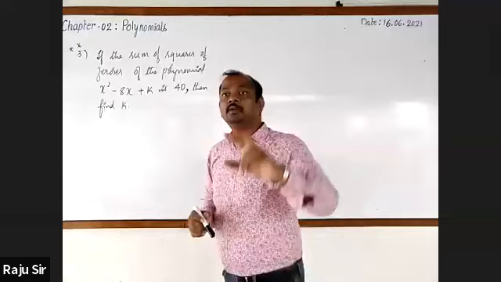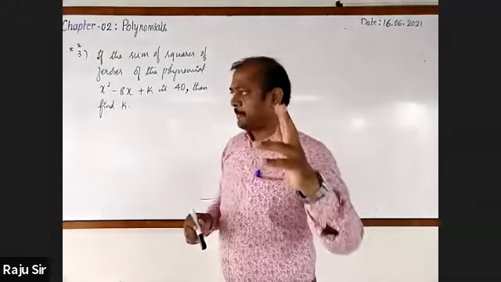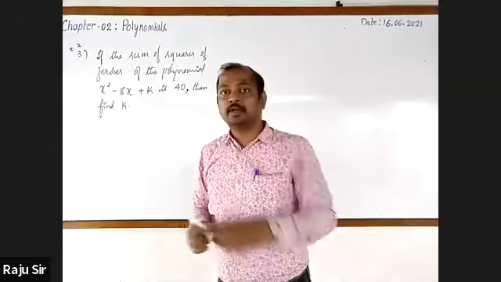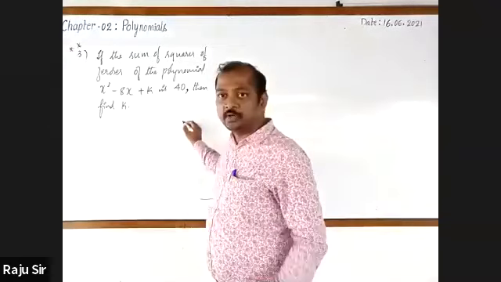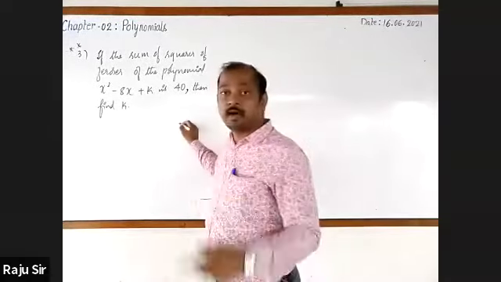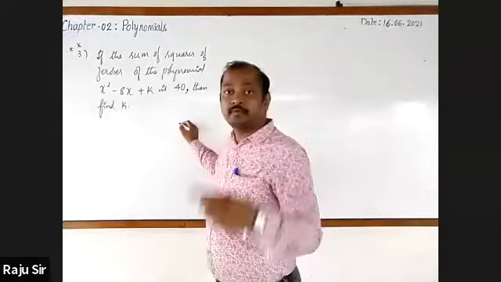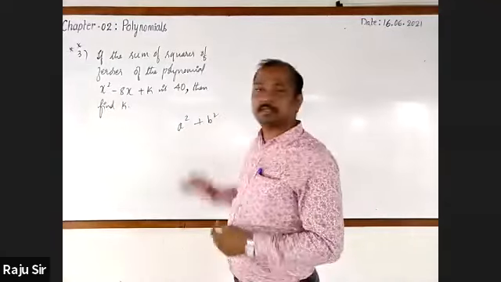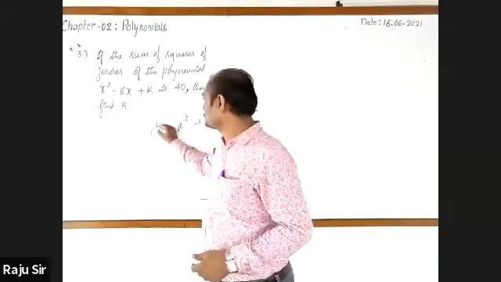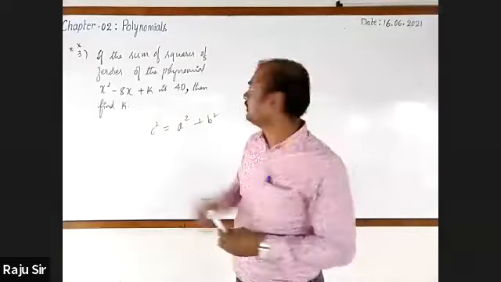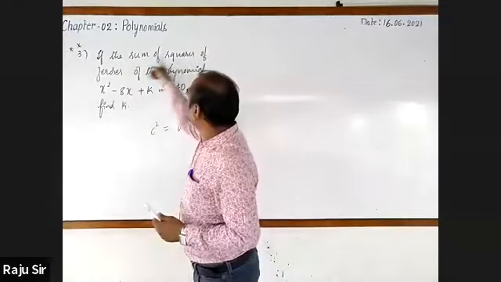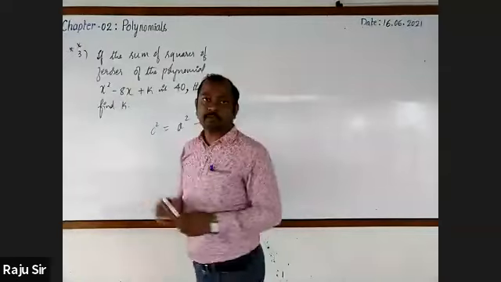Correct. Recall the Pythagoras theorem. The statement: the square of the hypotenuse is equal to the sum of squares of the other two sides. The sum of squares of the other two sides is written as a square plus b square, isn't it? c square is equal to a square plus b square. In the same way here also, the sum of squares of zeros of the polynomial.